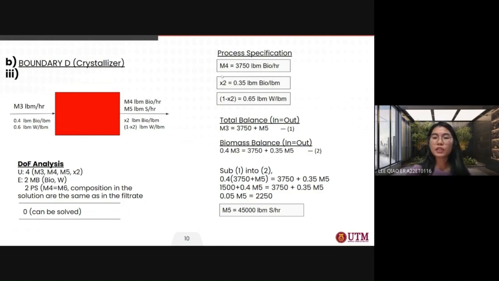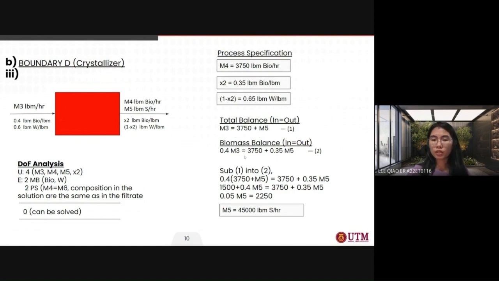For the process verification, we know M4 equals 3750 pound biomass per hour, X2 equals 0.35 pound biomass, and also 0.65 pound water. Then we use the total balance, which is M3 equal to 3750 plus M5, as equation 1.